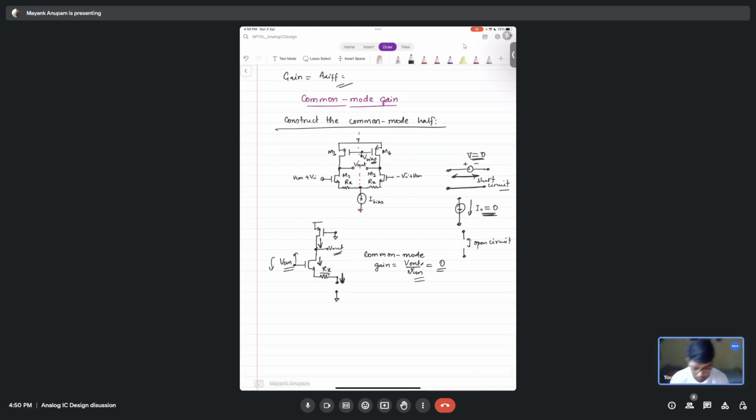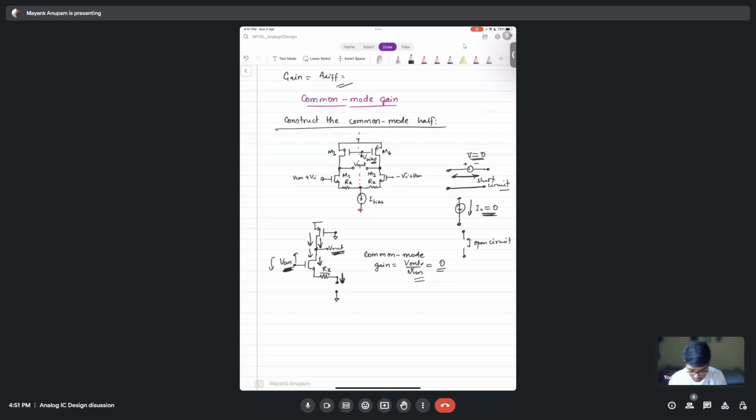The voltage here can only change if there is some current change. If the current is not changing in this branch, how can the voltage change? It can never change. Whatever VCM you give here, V out is never going to change.